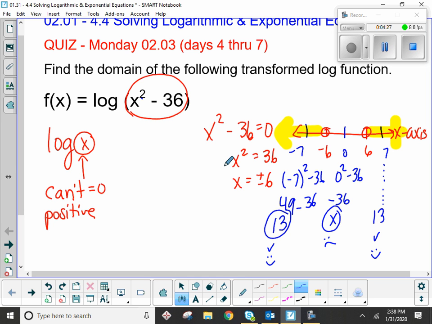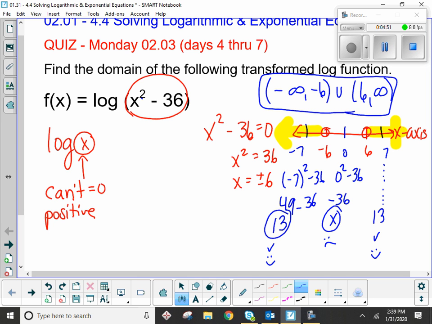And then we just write it in interval notation. The interval on the left is negative infinity to negative 6 with parentheses. This one is positive 6 to positive infinity with parentheses. What do you join them with? A union. Okay? Feel good about that?